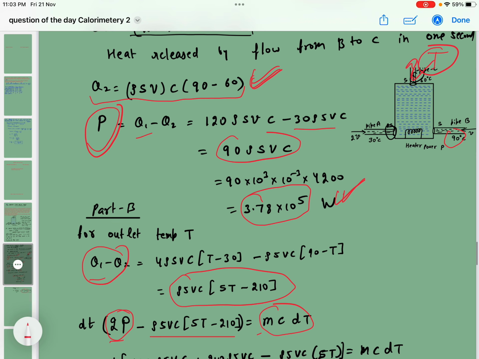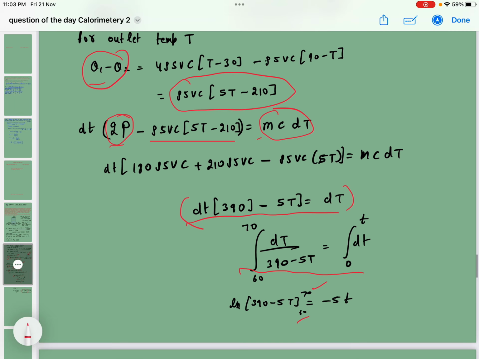Here it was given that everything was at 60 degrees Celsius initially. As soon as the hot water is entering, we can assume that the temperature is the same, because it's liquid. So we are assuming that whatever temperature the liquid is coming out at, inside the container everywhere the temperature is the same, right? So that is our logical condition.